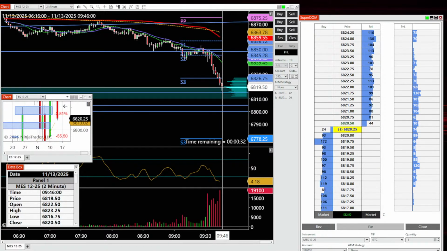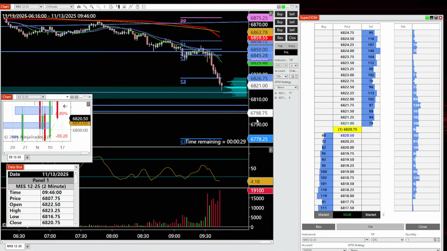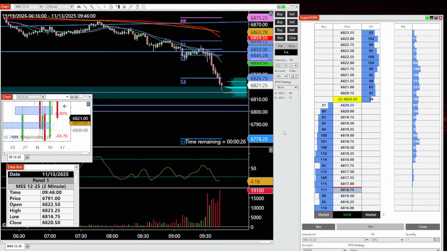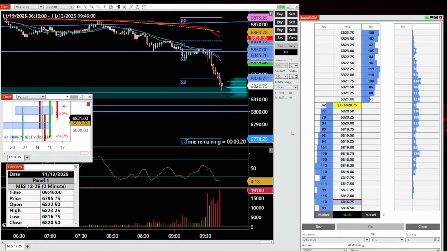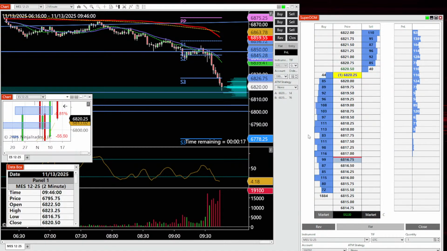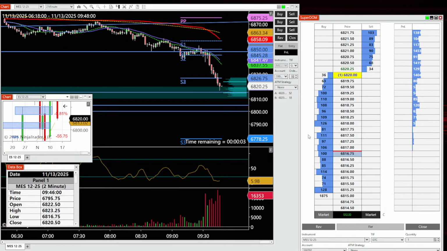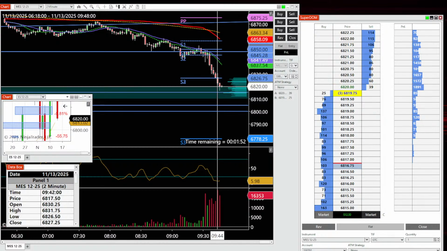I'm not taking that though. Trying to get in round numbers and see if they pop, if they get a bounce off the round number. It's possible, but I'm not going to take it. Having a difficult time bouncing.